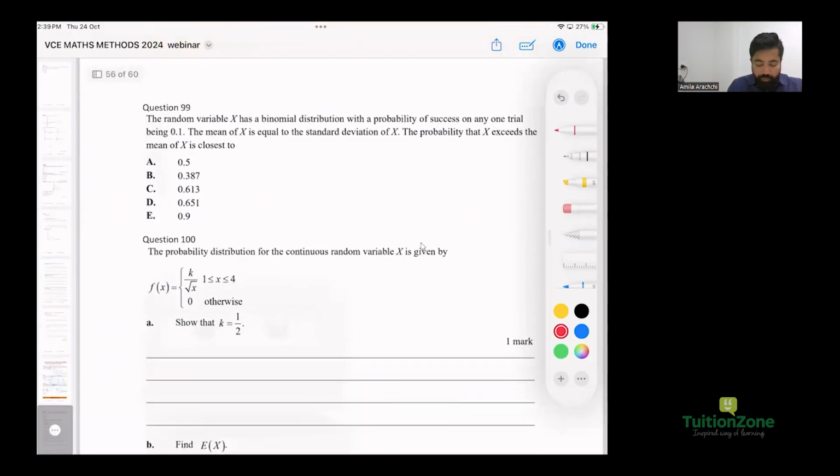Let's try question number 99. Okay, read and think.